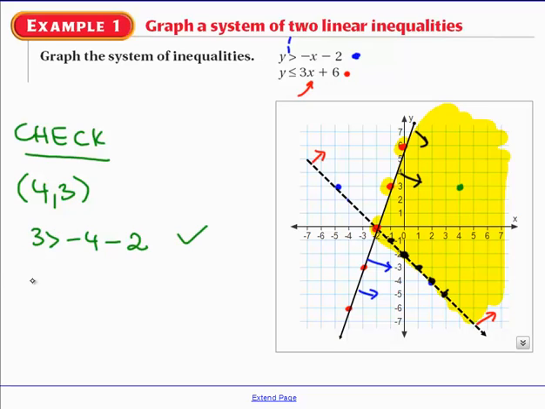And it is, so that's good. And then we're going to check the second inequality. So 3 has to be less than or equal to 12, so 4 times 3, plus 6. That is definitely true, so this looks great. So one of my solutions, and there's many, there's all these points here, works for both inequalities, so you know for sure that it is the correct answer.